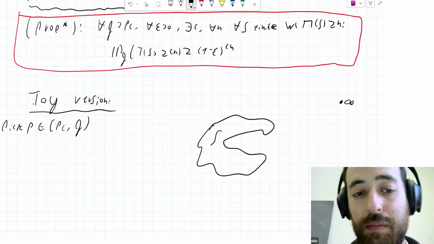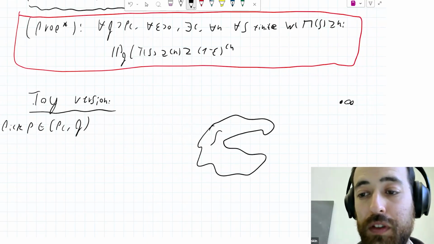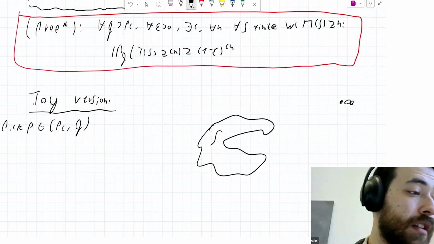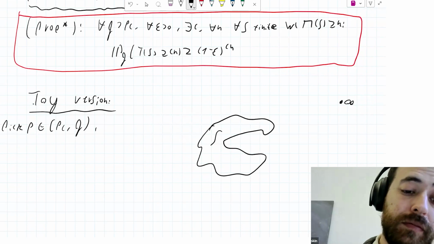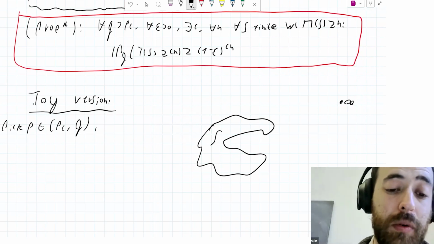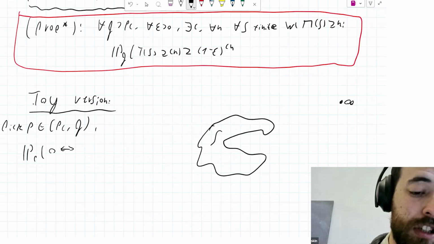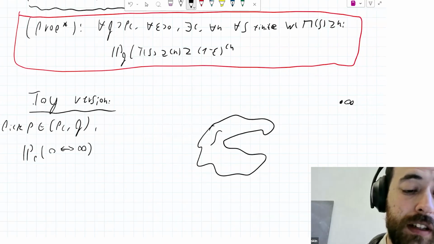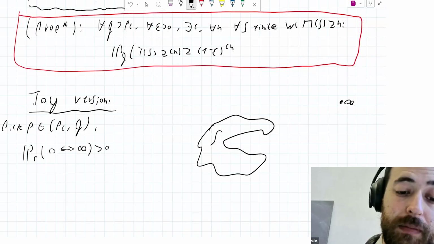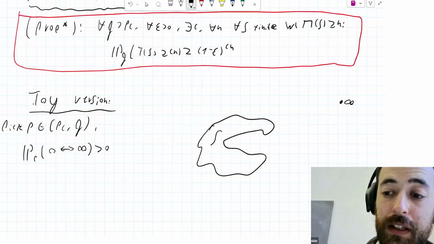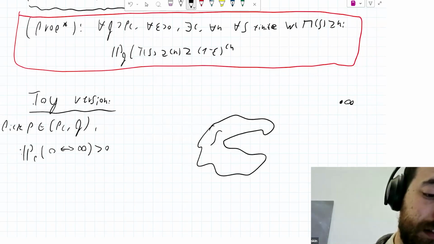It's a different P, just to prove this proposition. So if I pick such a P, then I know that the probability under P that the origin is connected to infinity is bounded away from 0 because it's supercritical. And I can call this, a standard notation is theta.